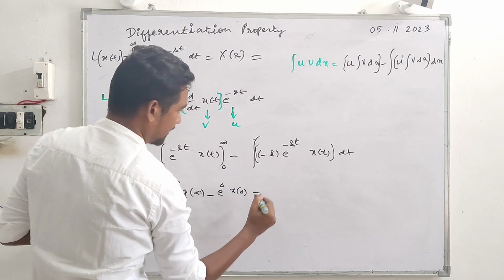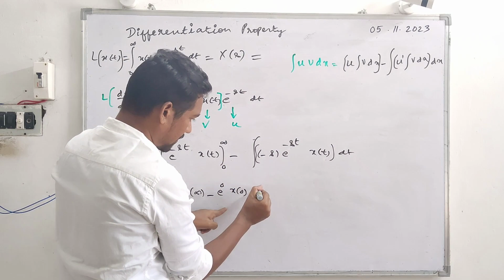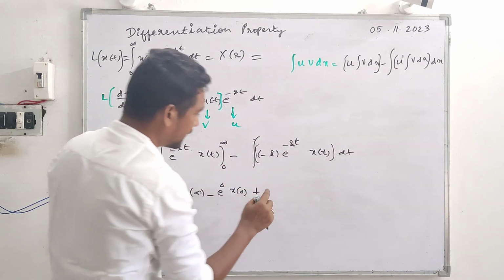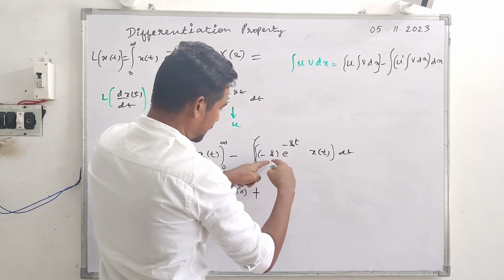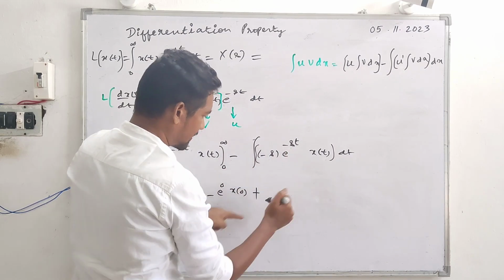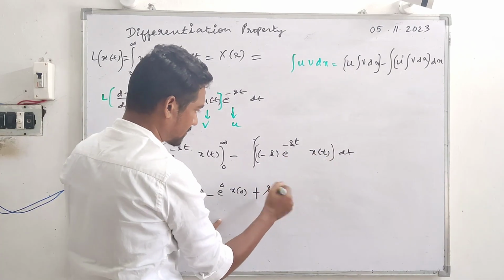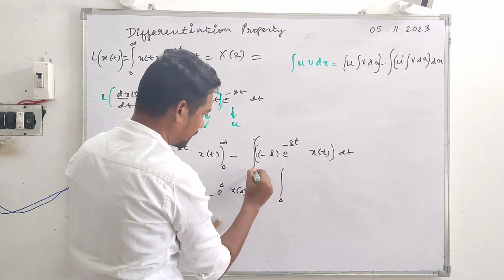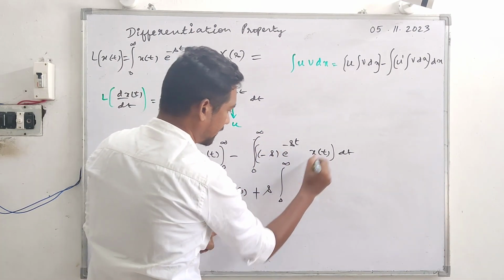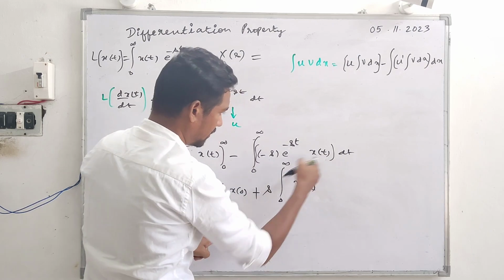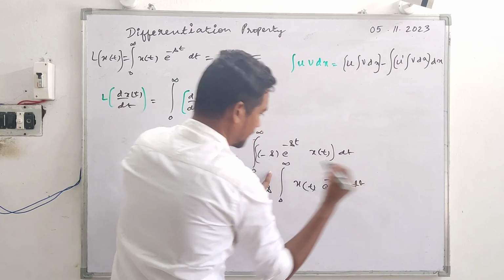Minus, guys, we have a negative over here, multiplied, that will become positive, and this s, integration is not applicable for this s, that can be taken out independent of t, so that is taken out. Integral 0 to infinity, I didn't plug in the integration limits over here, I'm sorry, integral of x of t, putting it in order, e raised to minus st and dt.